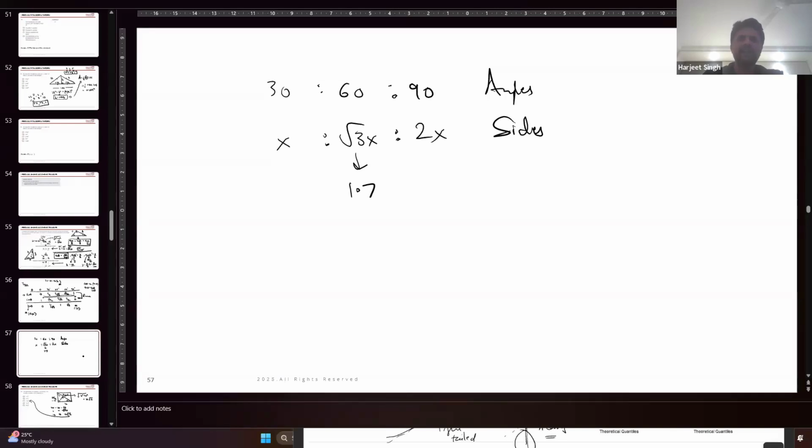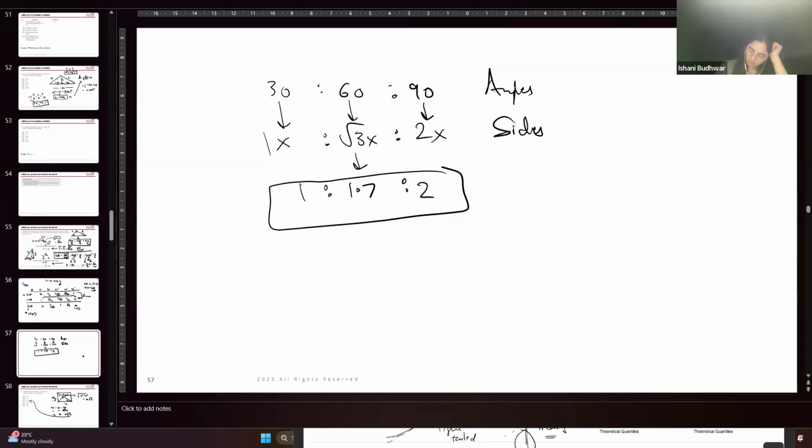So obviously the side opposite to the largest angle will be the highest, which is 2. Side opposite to 60 degrees will be root 3. Side opposite to 30 degrees will be the lowest, which is 1x. So 1 is to 1.7 is to 2 is the ratio, approximately, for a 30, 60, 90 triangle.